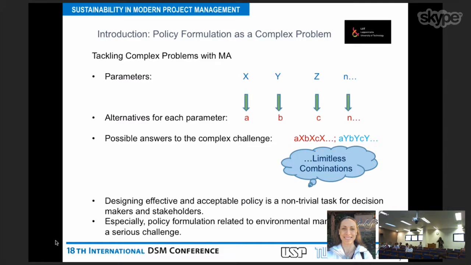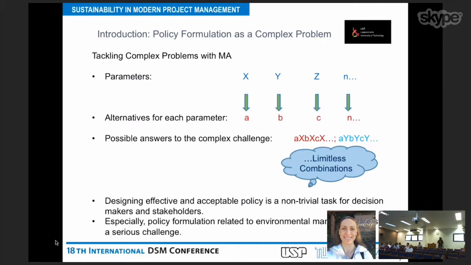We have different parameters, and under each parameter we have a number of alternatives, which can show us a large number of options. From one big problem we have many sub-problems under this stage.